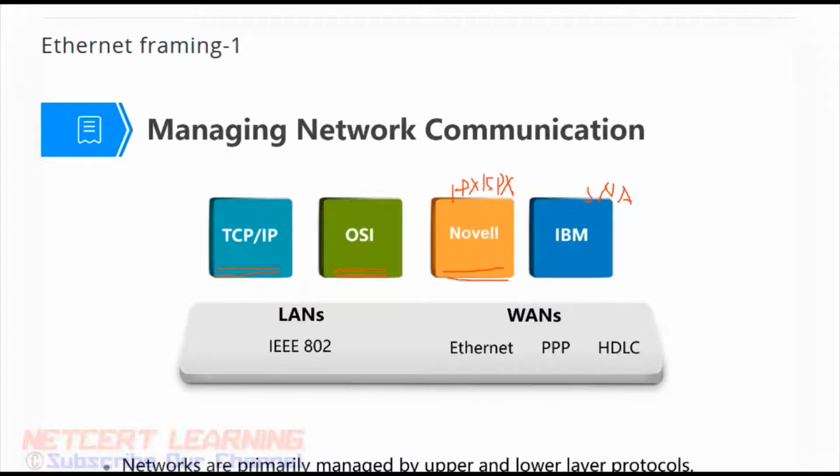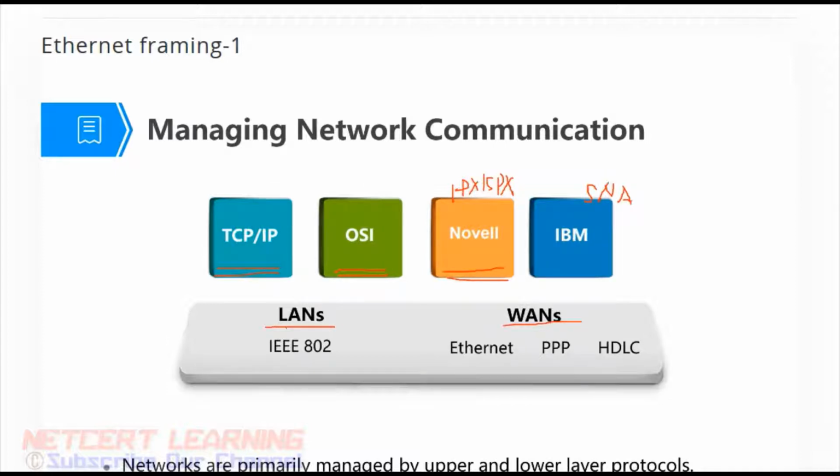All these reference models usually define the upper layer protocols, and the physical layer, the bottom layer, is usually the same. Nowadays the standards for the physical layers have two types, LANs and WANs.